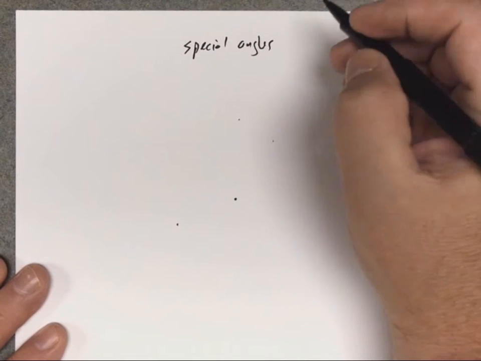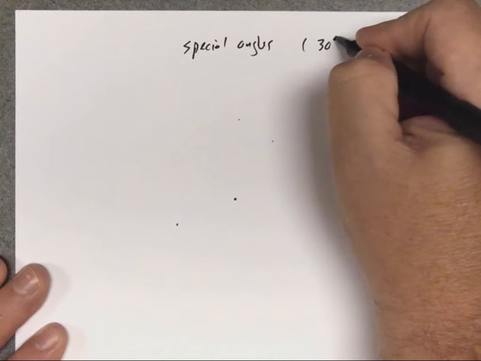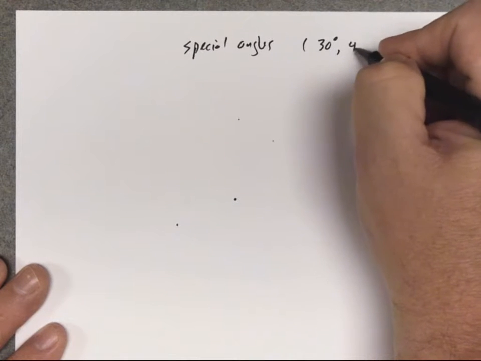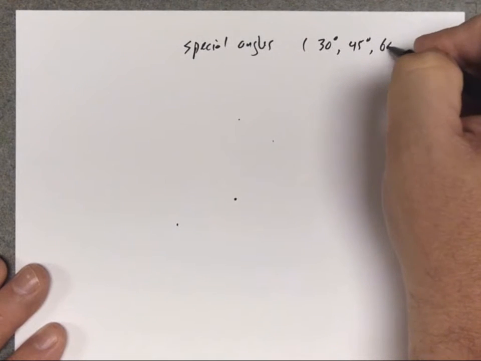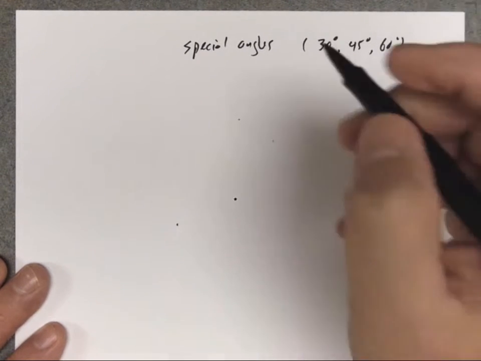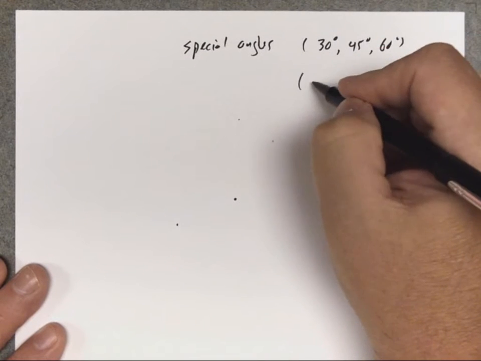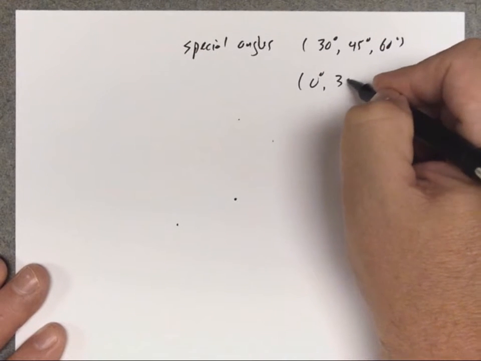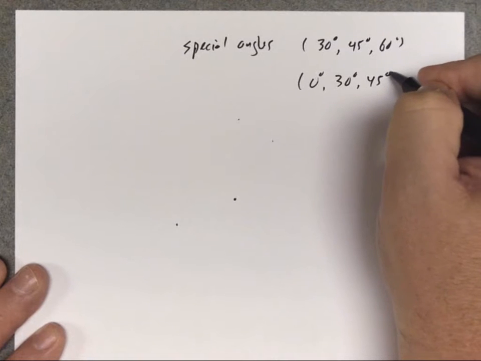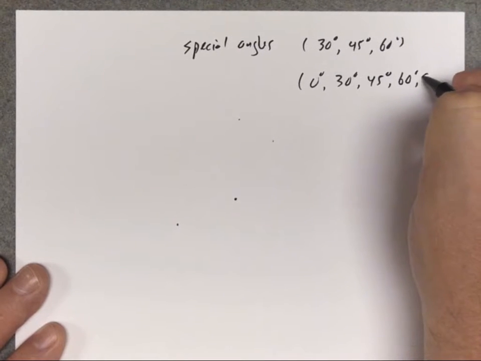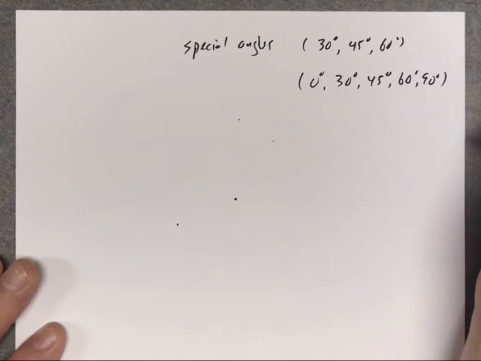I said the special angles were 30 degrees, 45 degrees, and 60 degrees. Actually, I should add 0 degrees, 30, 45, 60, and then 90, right?